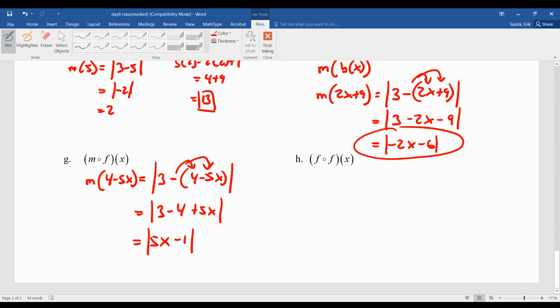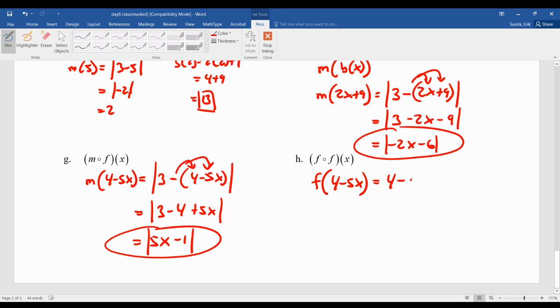So now this one's a little bit different. It's f of f of x. It's not a mistake. So f, this is the outer f right there. Now this inner f of x, remember f of x is 4 minus 5x. So that means I have to take the f function and replace the x with this.